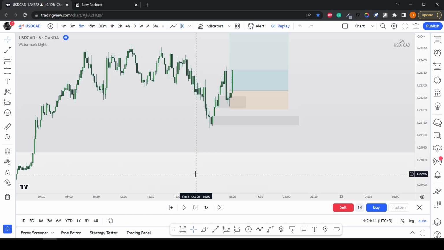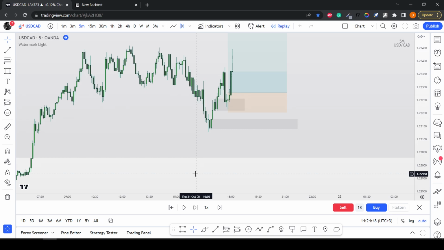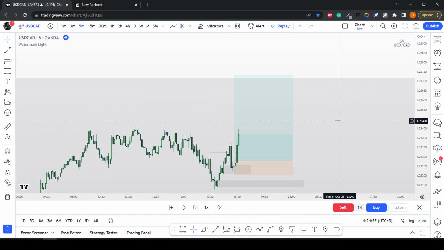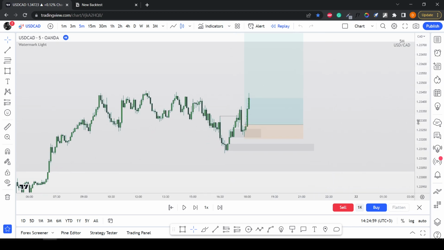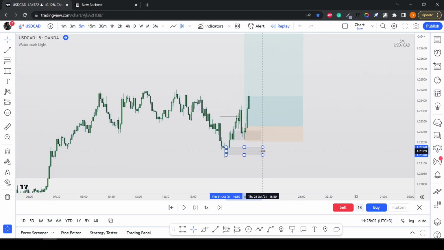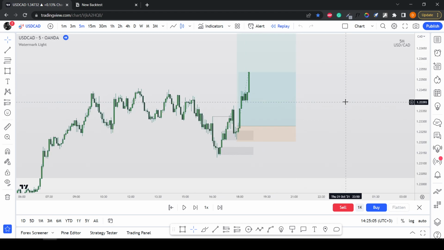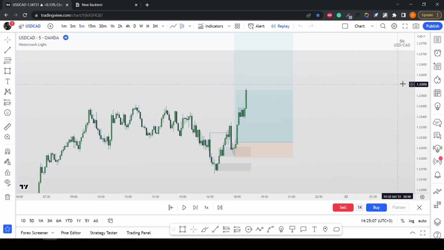So we have a tap, a move up. So this is definitely a break even. And now let's try to trail it with the lows. So trailing here.